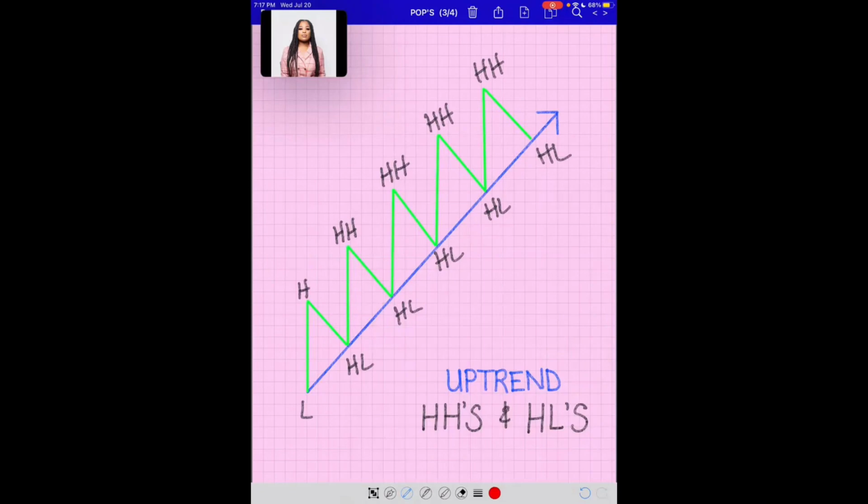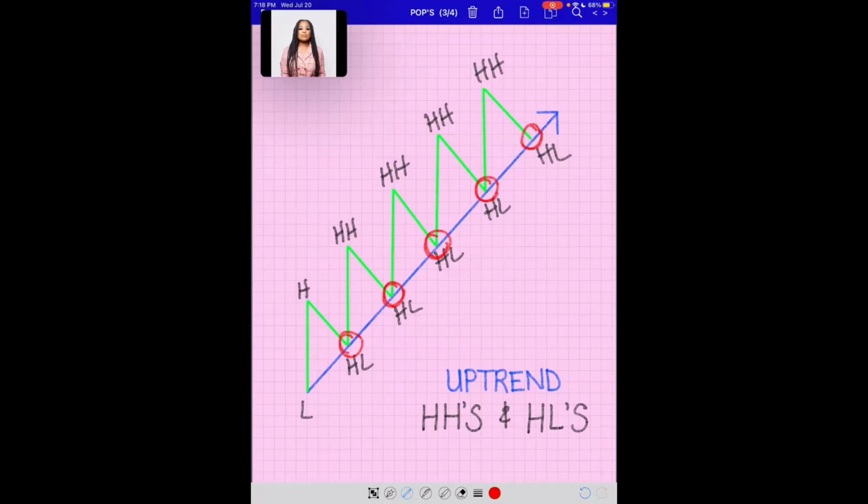Now, in the case of uptrends, the best point in the market to pop would be at these points of higher lows. Whenever the market pulls back to the trend line, respects it, and ends up creating a higher low in the market, these are the best times, you guys, to actually get another entry on your trade.